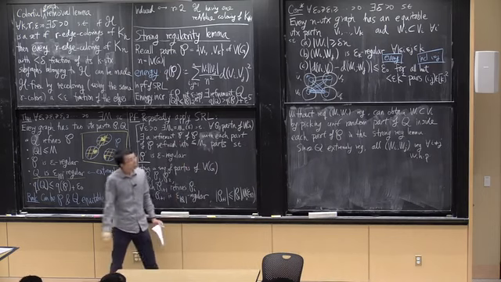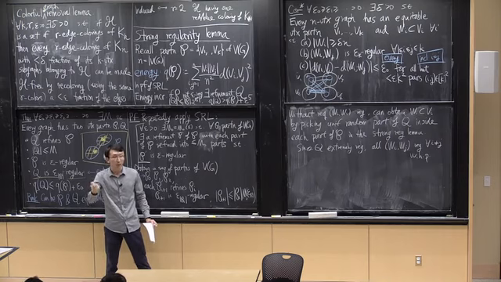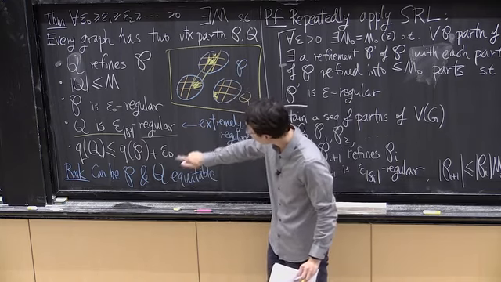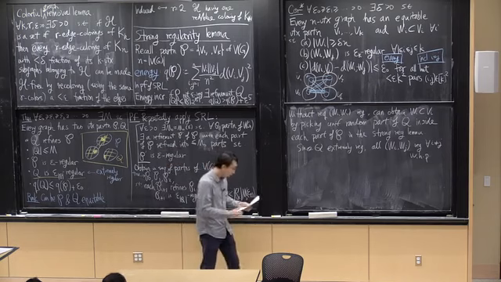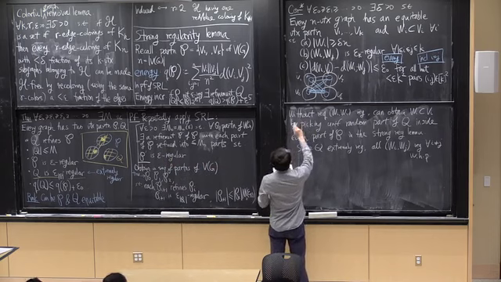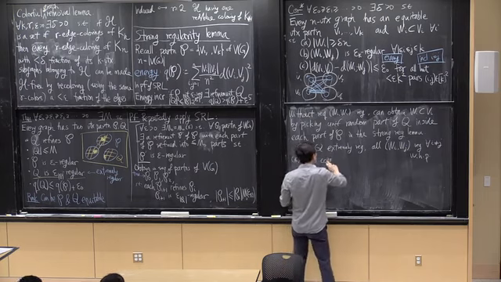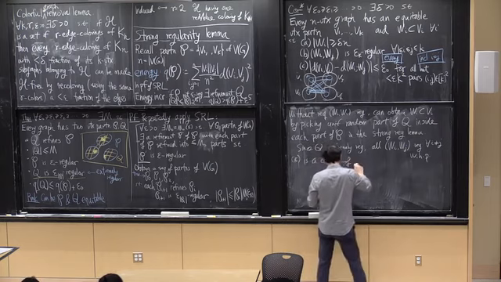But the other thing that we would like is that the edge densities between the W's are similar to those between the V's. And for that, we will use this condition about their energies being very similar to each other. So the third consequence, C, is a consequence of the energy bound.